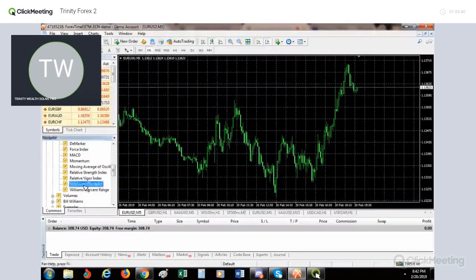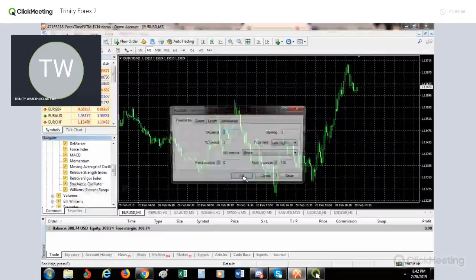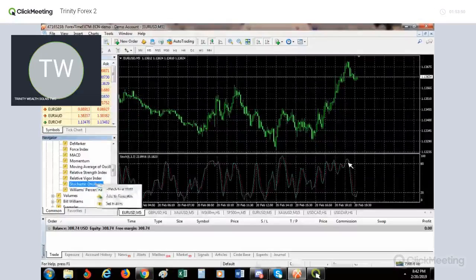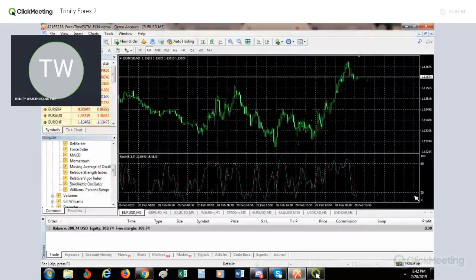So I will remove this and put the stochastic oscillator. We are going to see the notes on the other side, but we can just look at how it operates. For the stochastic oscillator, you just click on it and attach to chart. The days are the same. The period is still also 14 days.